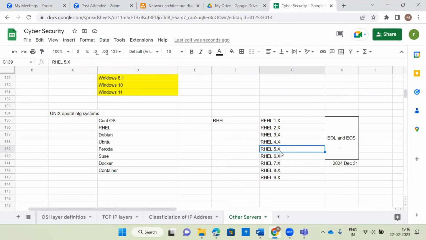Whenever we discuss the risk, we contact the application development team, product development team, data science team, and machine learning team. We ask them to migrate all these 5.x and 6.x servers to either 8.x or 9.x. As a security person, we have to provide the risk assessment, explain the impact, and educate them that if they don't upgrade, these critical vulnerabilities will exist.